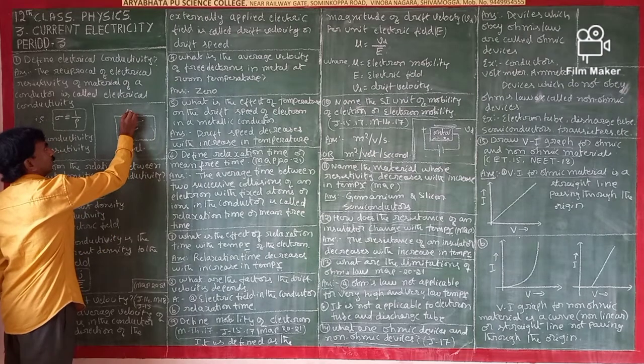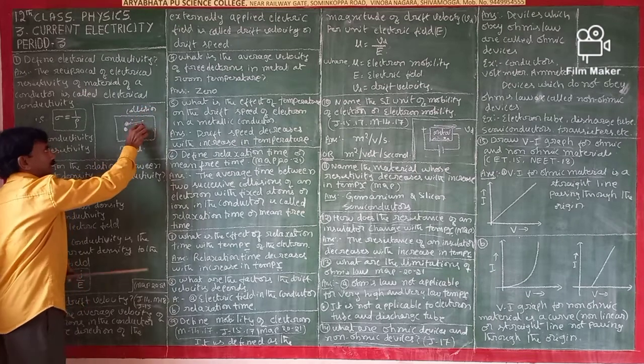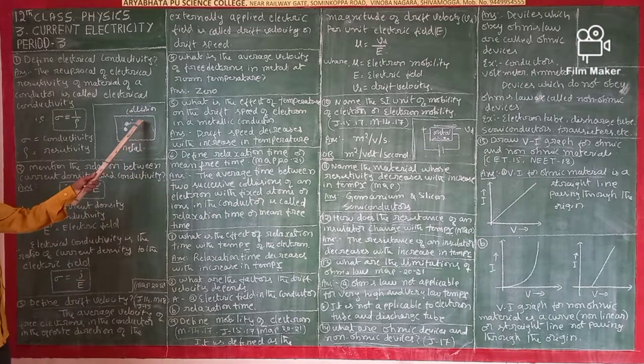So collision takes place between electron and electron or electron and atom. The time duration between them is called the relaxation time.